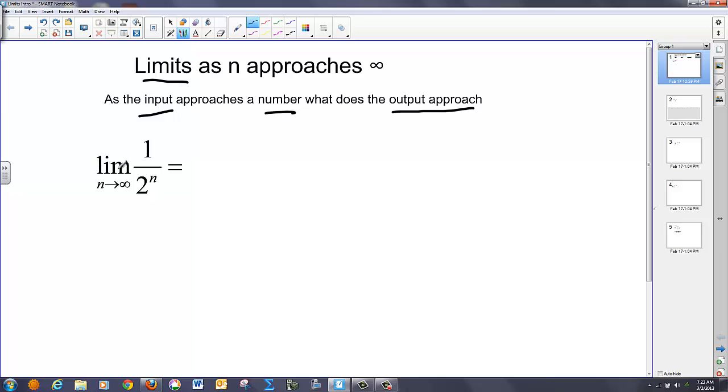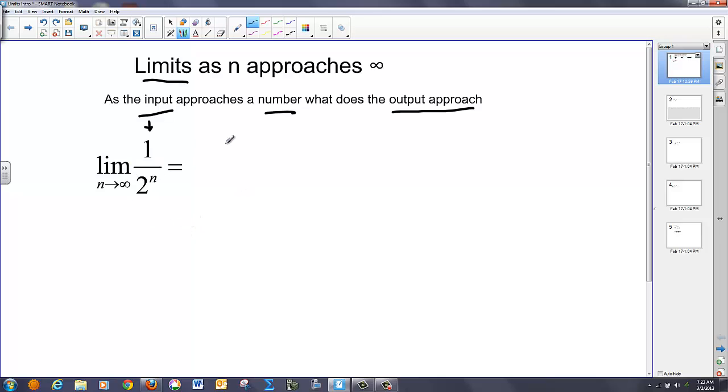You'll find the limit of some given function, so here's our function f of x, or f of n in this case, and then they're going to tell you what the variable value goes to. So in this case, the variable n goes to infinity, and I want to know if I put in a very big number to n, what is the output going to look like?